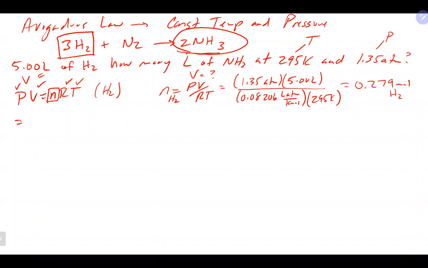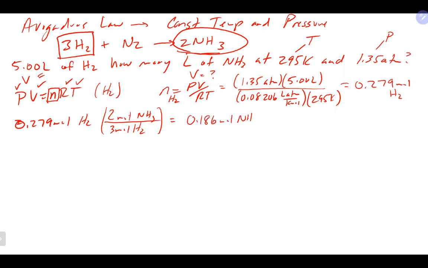We once again could do stoichiometry at this point between hydrogen and NH3. We have 0.279 moles of H2, and 3 moles of H2 from the equation gives us 2 moles of NH3. That gives us 0.279 times 2 divided by 3, which gives us 0.186 moles of NH3.